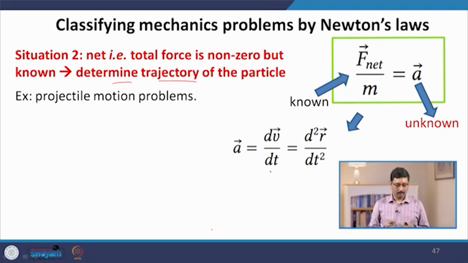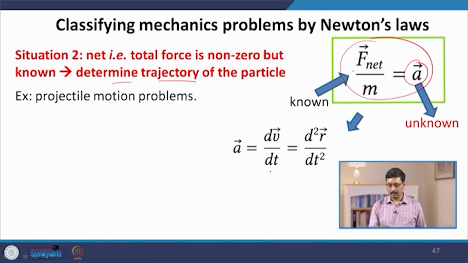and how the position and velocity change with time. This is the most straightforward application of Newton's laws, and it is usually done in two steps. The first step is to apply the second law in whatever form. For example, let us use the form in which we know the total force acting on the particle, and then apply Newton's law to compute its acceleration.